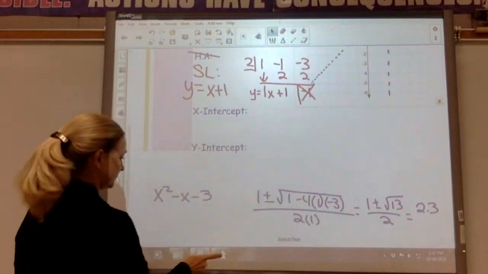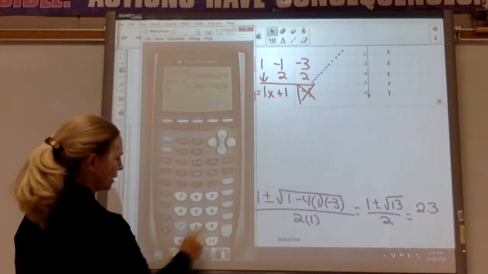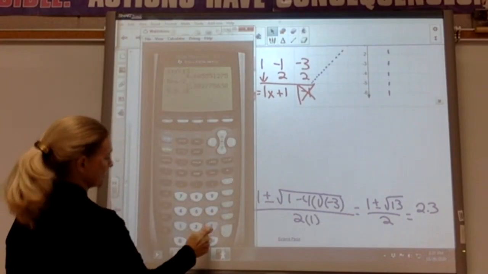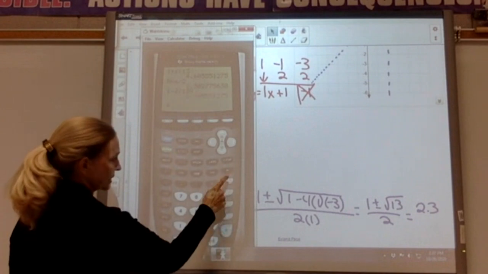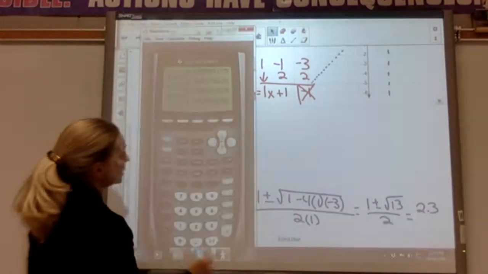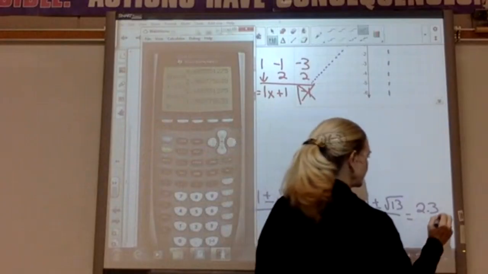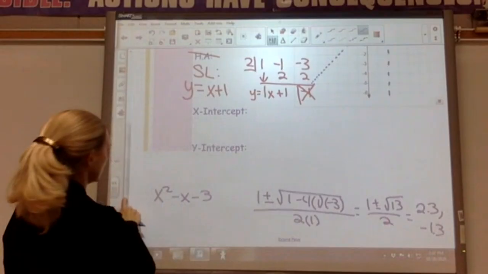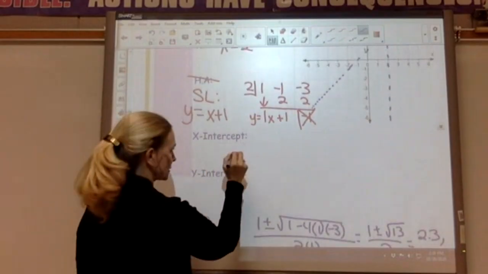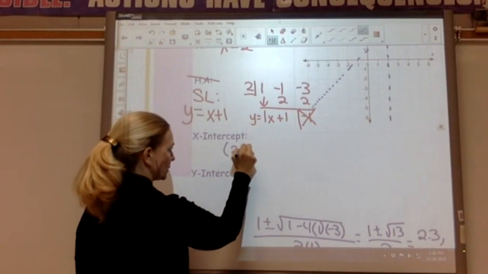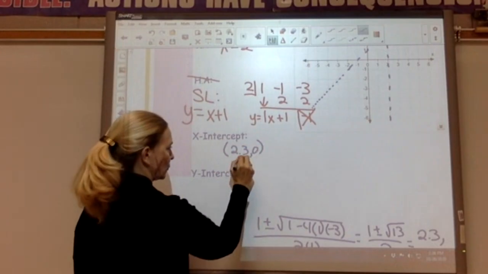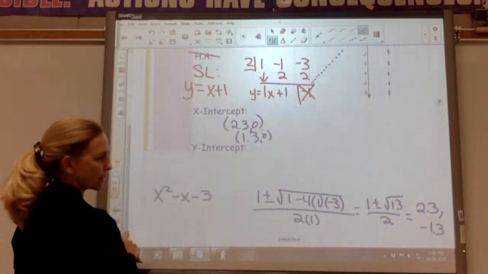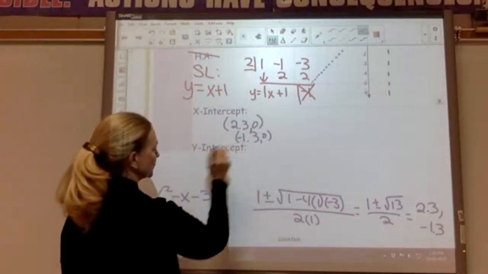And then if I do 1 minus square root of 13, divided by 2, I get negative 1.3. Okay. X-intercepts are about 2.3, 0, and negative 1.3, I think the one's negative.